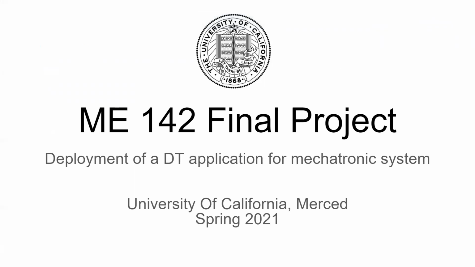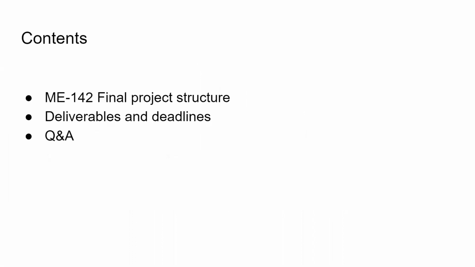The main idea is that you can develop from scratch a digital twin, in this case for a Mechatronics system, using all the simulation and computational tools that we learned through all this semester in the Mechatronics lab, in addition to 2 new tools that we are going to learn next week. Let's discuss the project structure, the deliverables and deadlines for the project, and at the end, a Q&A section.